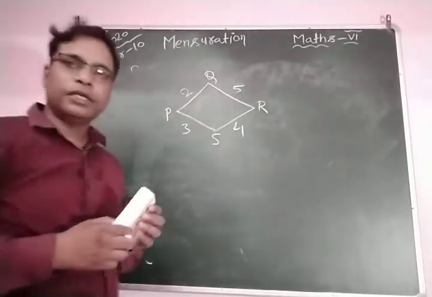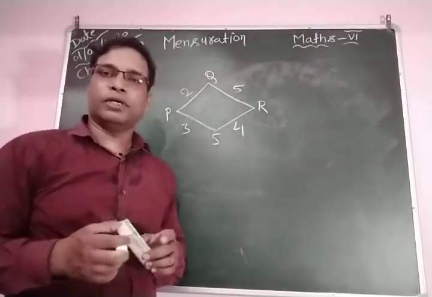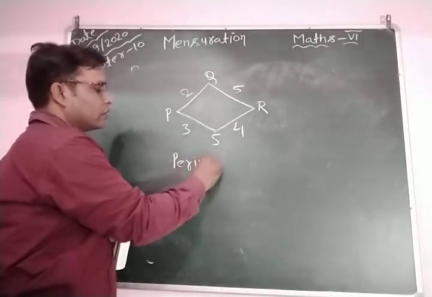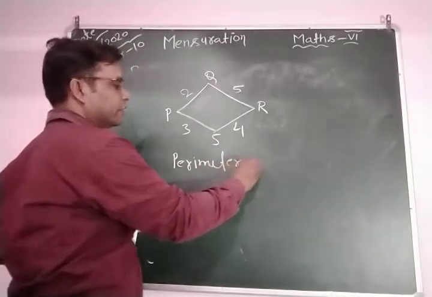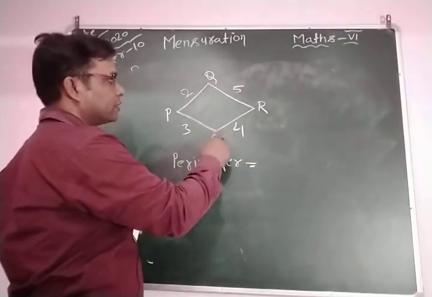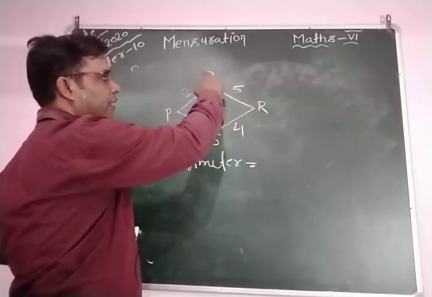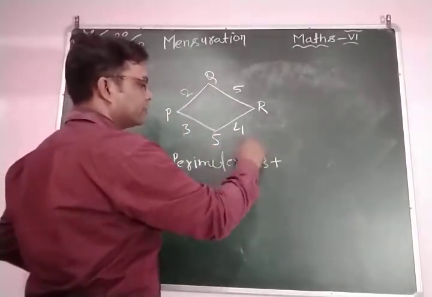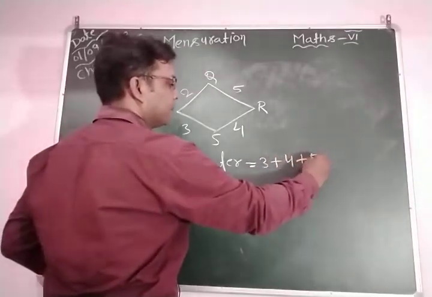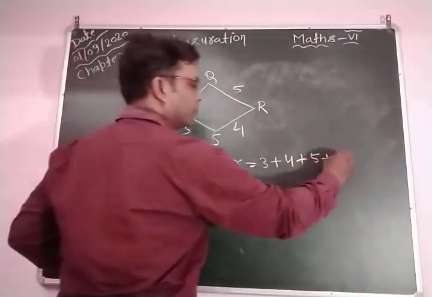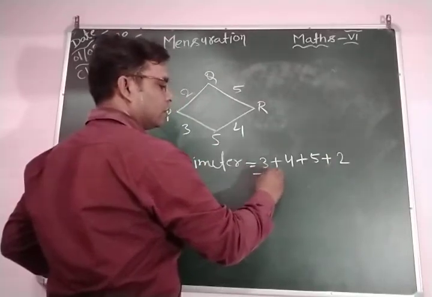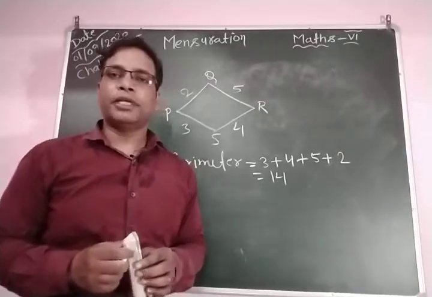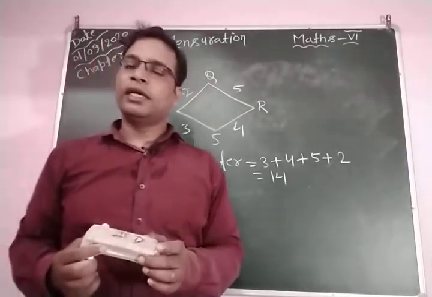We can say the sum of all sides, the length of the boundary. So the perimeter is PS plus SR plus RQ plus QP, which is 3 plus 4 plus 5 plus 2, equal to 14. In this way you can find the perimeter of any plane figure if the sides are given.